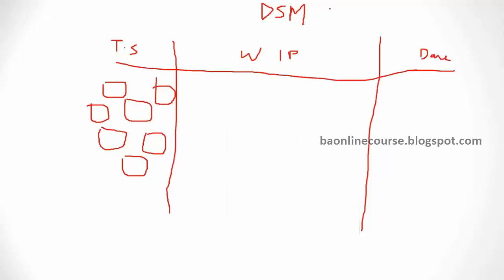Each person will also call out the dependencies on the task. If you are dependent on someone else for something, you will clearly say, I will do this task and I expect this help from this person. Those are the 2 things covered in your daily stand-up meetings.